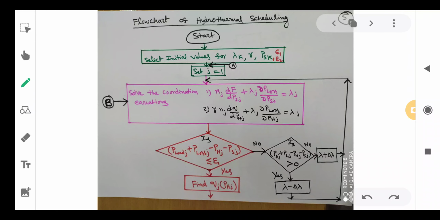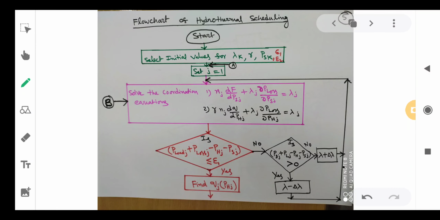So solve the equations and then check the power balance equation. If it is less than or equal to epsilon 1, find qj, the discharge. If it is not so, and the power balance equation is positive, greater than 0, decrement the lambda. If it is not so, increment the lambda.